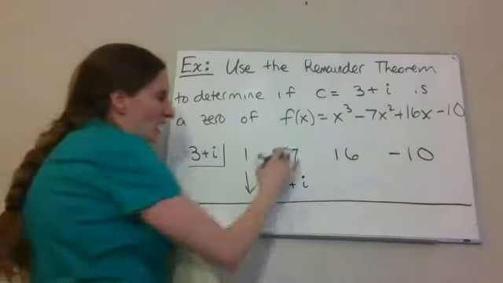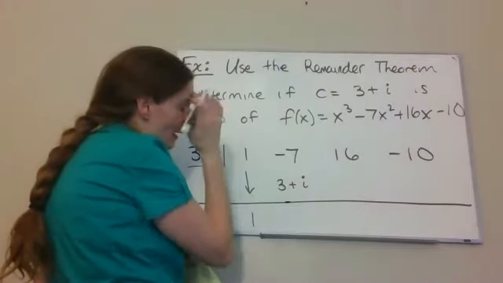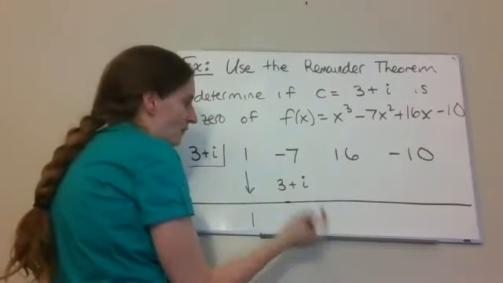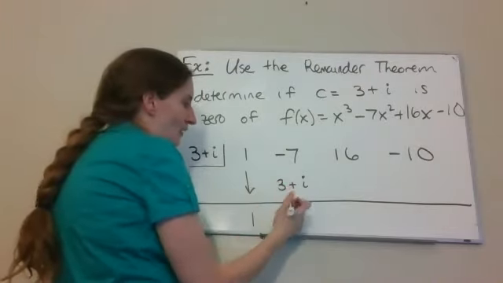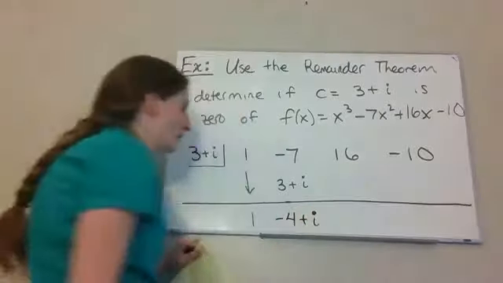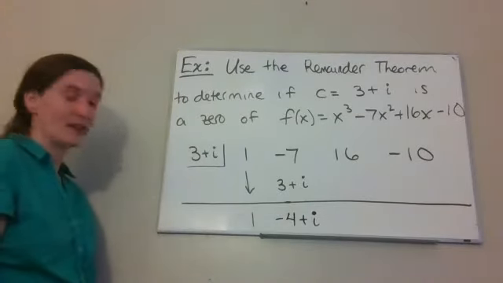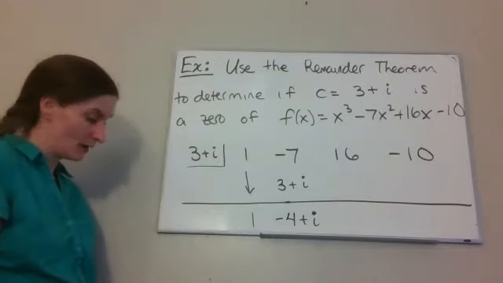When I add my columns, remember you combine the things without i's together and combine anything with i's together. So negative 7 plus 3 is negative 4, and I still have my plus i. Well, now I'm going to have to do 3 plus i times negative 4 plus i.